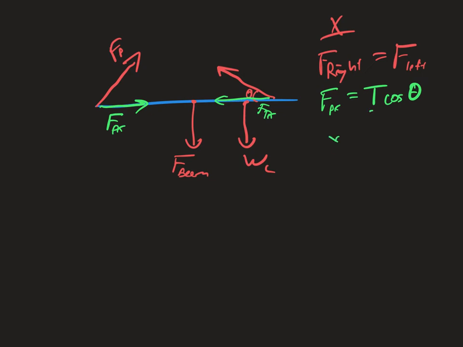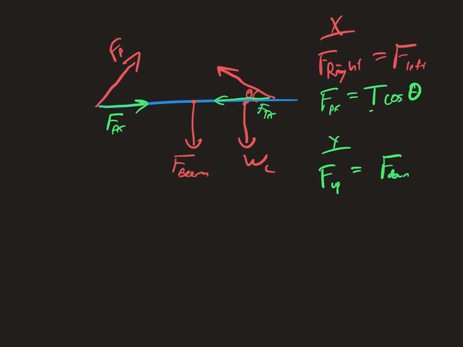In the y direction, we have the forces up equal the forces down. Once again, net force is 0, so they have to add to 0, which means that the positive forces have to equal the negative forces. So what forces are going up?